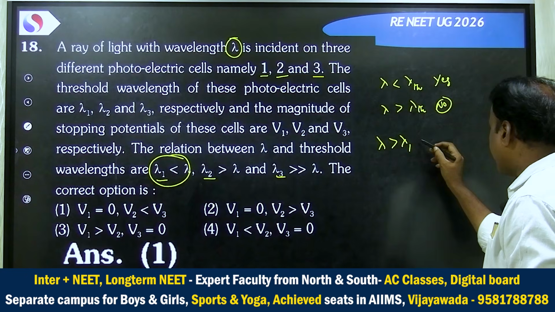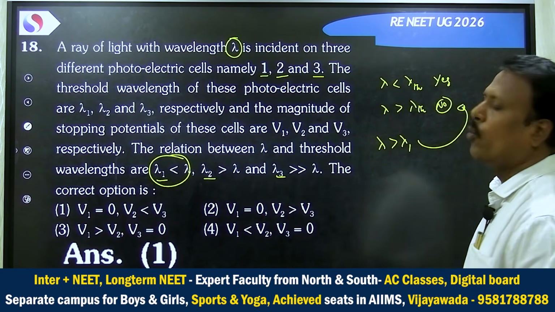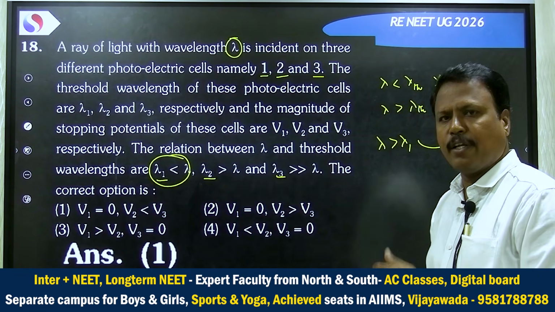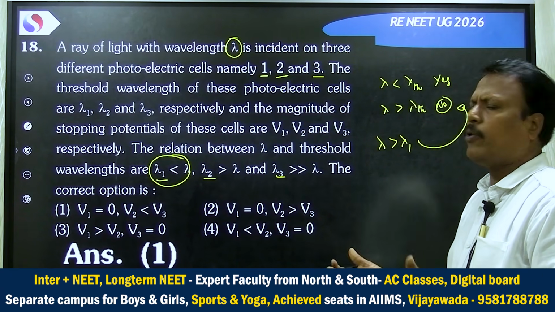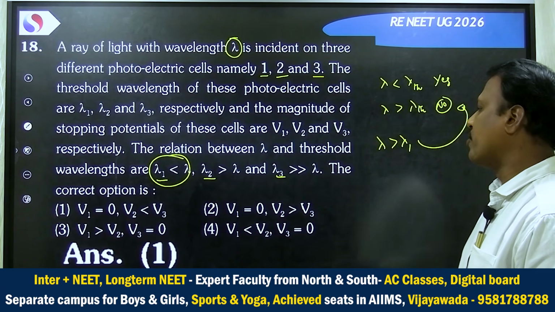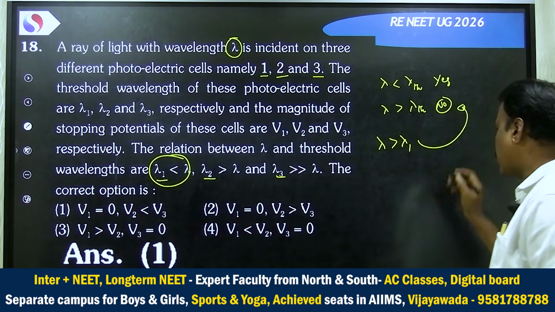That means this particular case is linked to no photoelectric effect. So there is no emission of electrons. Therefore, there is no need of stopping potential. That's why the stopping potential in this particular case should be 0.